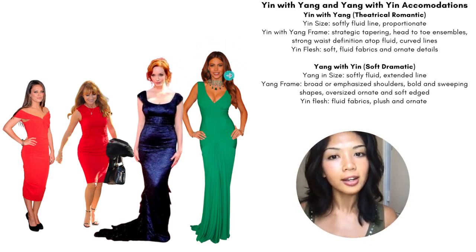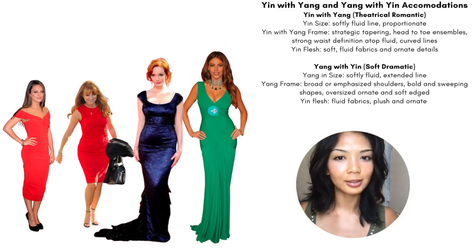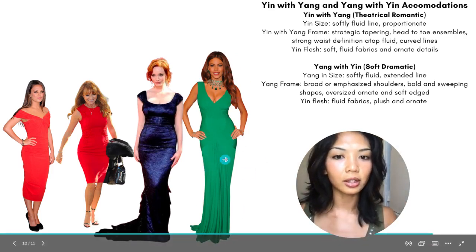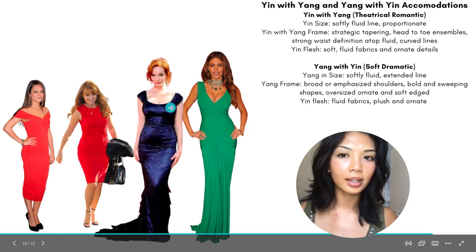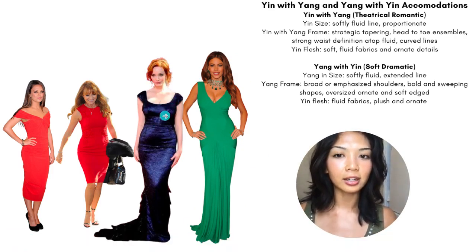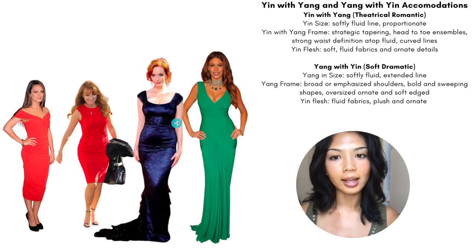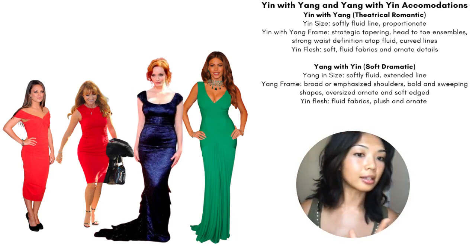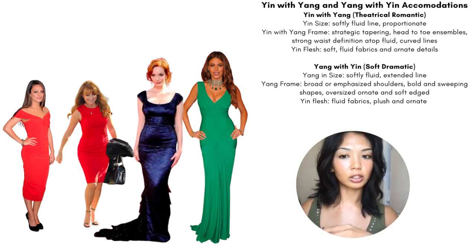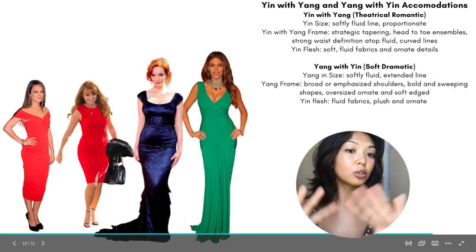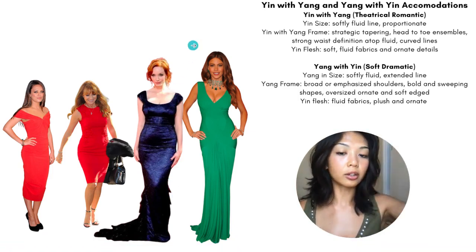Beautiful Sofia Vergara here, ornate necklace, big bold neckline, very fluid skirt with all of these lovely little pleats. And then we have Christina Hendricks here, lovely velvet fabric, beautiful neckline, just so much elongated curve hugging body molding shapes, and this big train that is so proportionate with her figure.